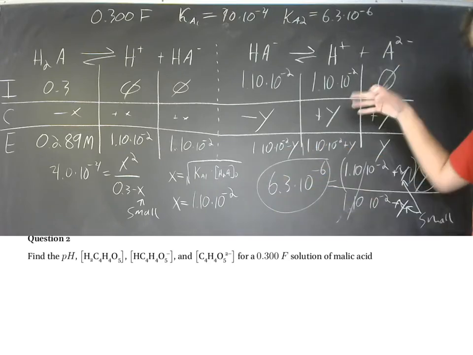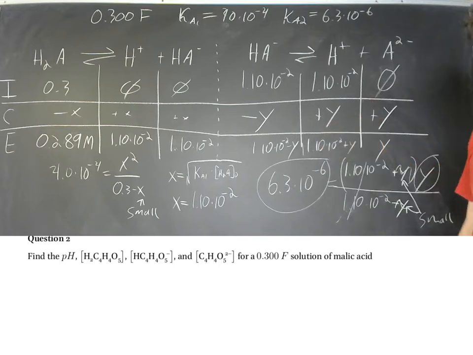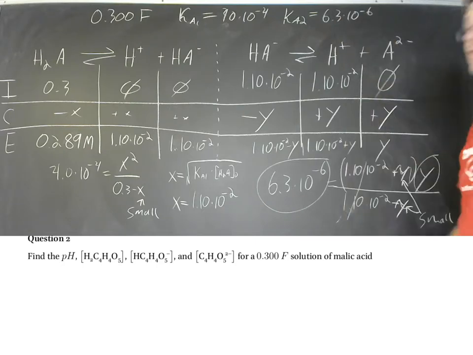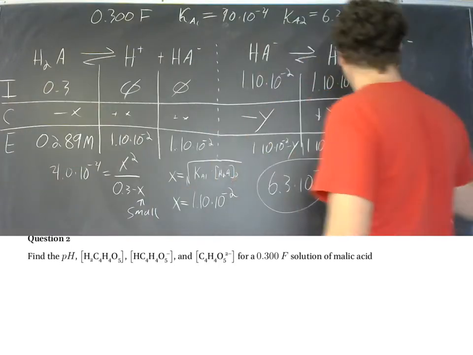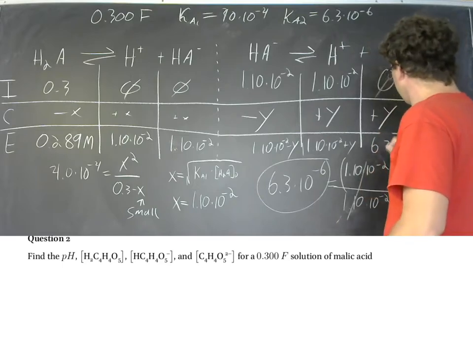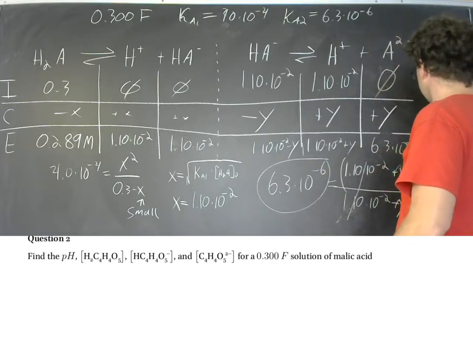These will always simplify in this way, this type of problem. Your amount of change in the second step will just be equal to the K value for the second protonation. And so we can now put that value in: 6.3 times 10 to the negative 6.